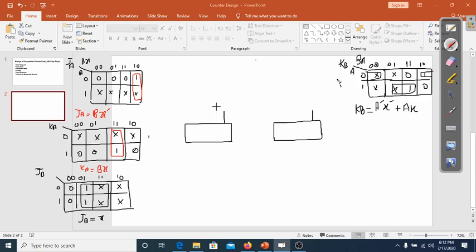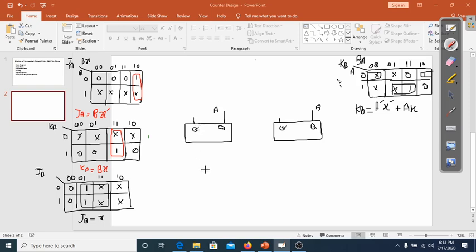This is A, this is B. I'm not using their complement. It has two outputs, this is Q and this is Q complement.